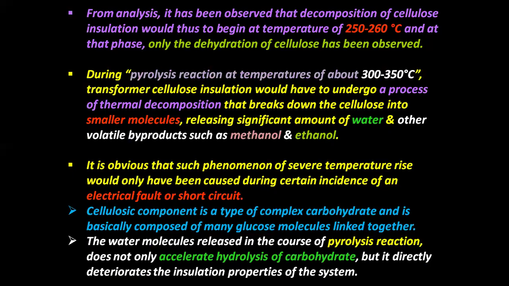During the pyrolysis reaction at temperatures of about 300 to 350 degrees centigrade, transformer cellulose insulation undergoes thermal decomposition that breaks down the cellulose into smaller molecules, releasing a significant amount of water and other volatile byproducts such as methanol and ethanol.